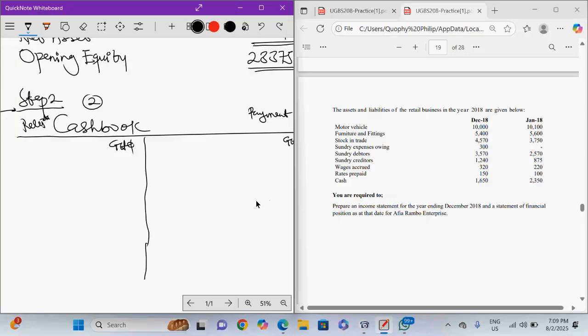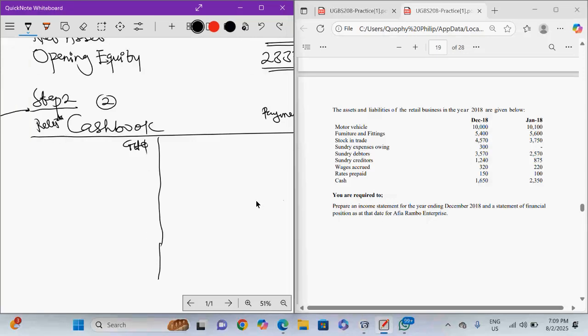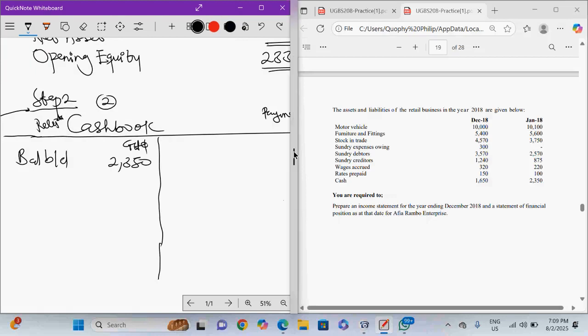So we have the balance BD, balance brought down, for the January 18 amount, which is 2350. And then the closing will be somewhere here, right?